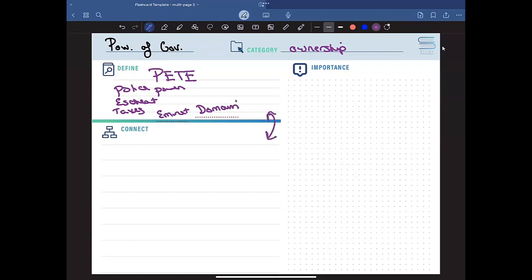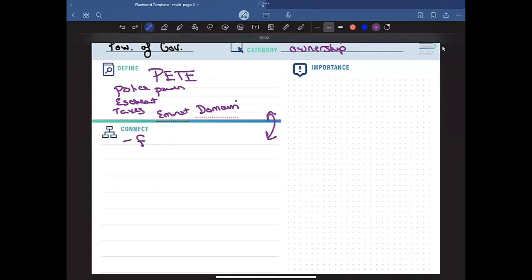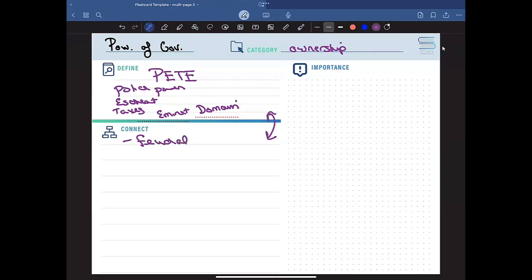Police powers are the powers that we have because we don't have feudal ownership. We have allodial ownership. So some words I would say, if I spell feudal right, feudal versus allodial ownership.